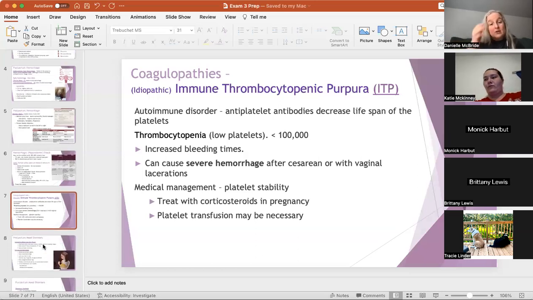Sometimes though, if you think about platelets in relation to preeclampsia, remember that preeclampsia and HELLP syndrome, those platelets get really low. So those patients are also at risk for bleeding. There are a lot of other conditions that can cause thrombocytopenia, but this one is the autoimmune one. And so we can treat with corticosteroids.